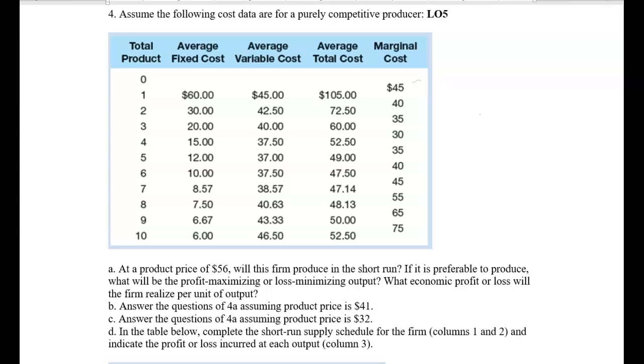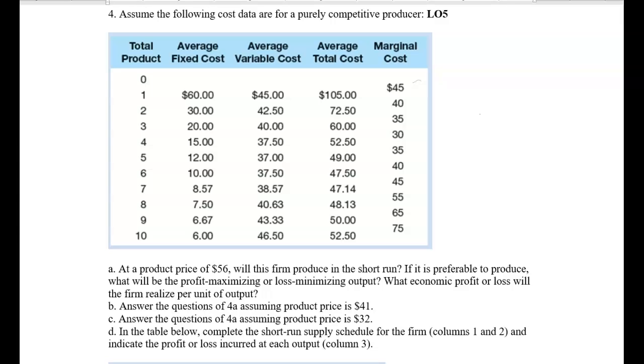So here's one of the problems that you have as part of your homework. You need to assume the following cost data are for a purely competitive producer. The first part of the question says, at a product price of $56, will this firm produce in the short run? If it is preferable to produce, what will be the profit maximizing or loss minimizing output? What economic profit or loss will the firm realize per unit of output?